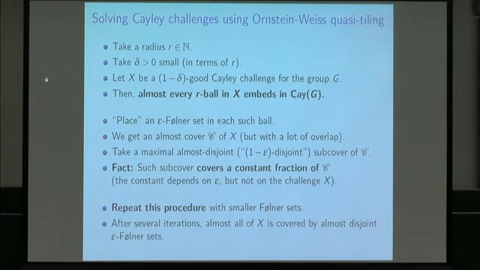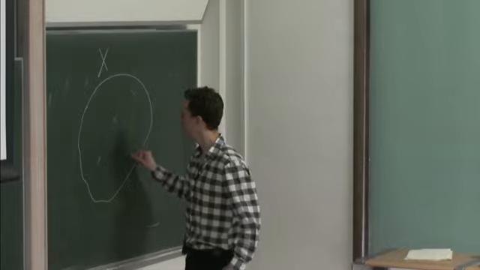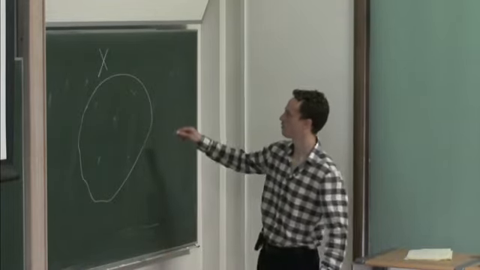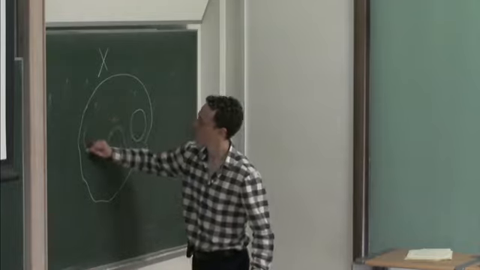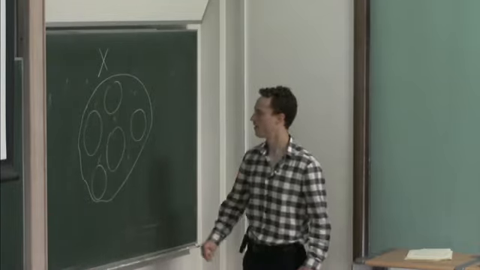I have this graph X, and it has some bad vertices, but almost all vertices are good. And then almost every ball looks like it lives in the Cayley graph.